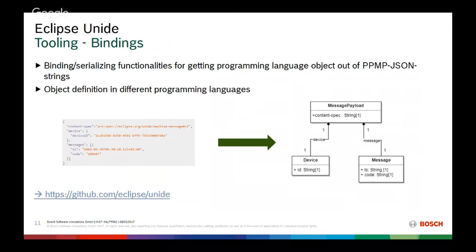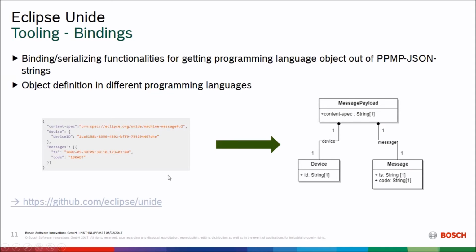So we want to define these objects in the different languages, and just did it with the Java bindings which we provide at the repository at GitHub for Eclipse Unide. And this I will show you now.